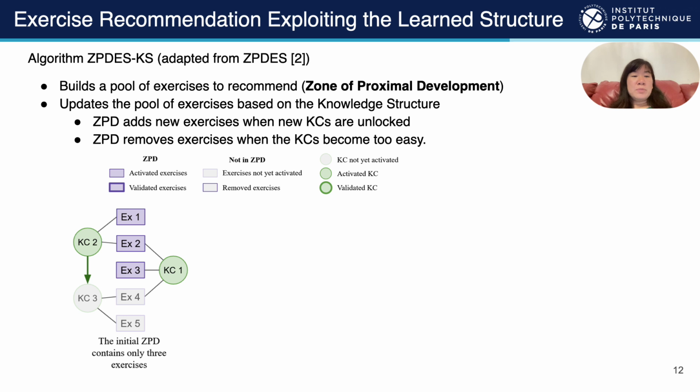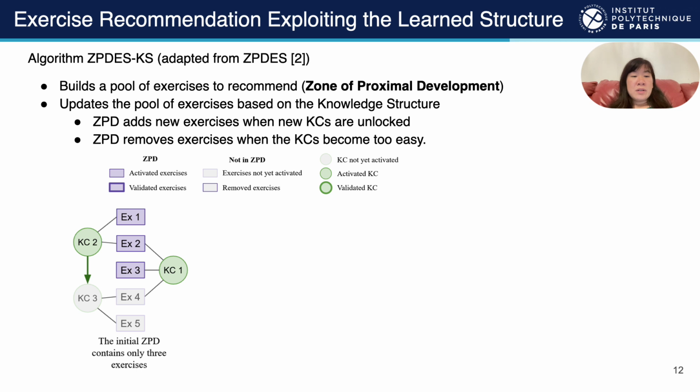And we update the pool of exercises based on the knowledge structure. So here, ZPD adds new exercises when a new knowledge component is unlocked, and it removes exercises when the knowledge components become too easy.